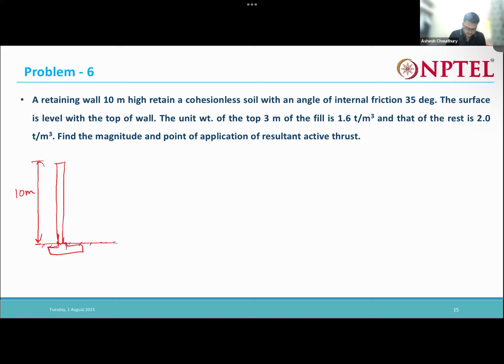The top 3 meters, this gamma is 1.6 ton per meter cube, and the bottom 7 meters, 2 ton per meter cube. So what we need to do is find the magnitude and point of application of the resultant active thrust. Means we need to find the point where the resultant active thrust is actually going to act.